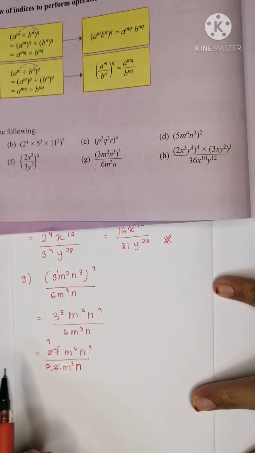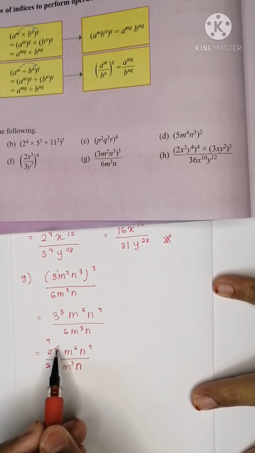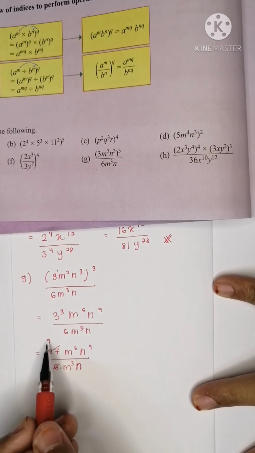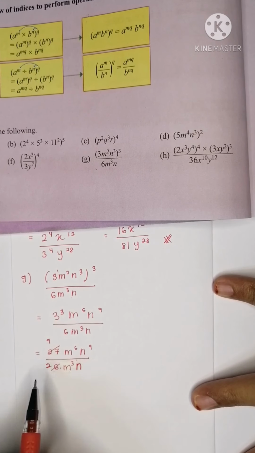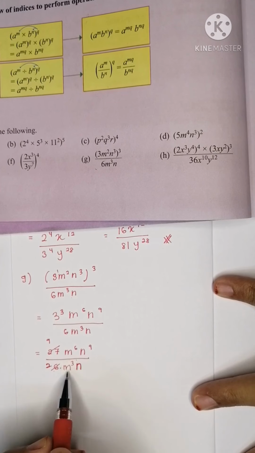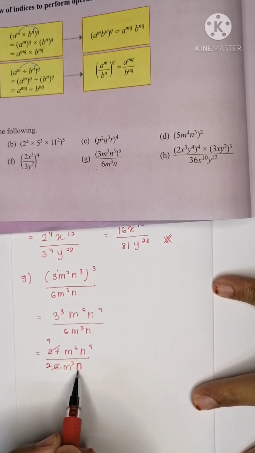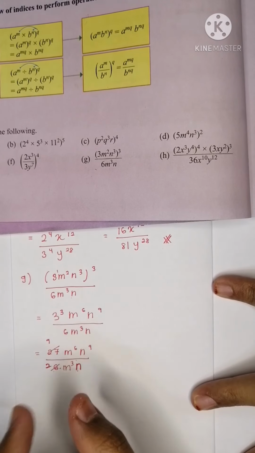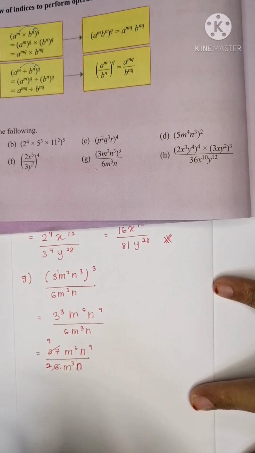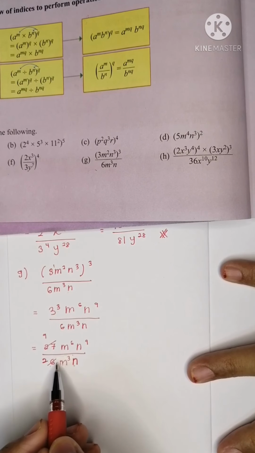Okay, class, I will proceed with question G. For the constant we already simplified. Now how to solve the unknown m and n, because in the denominator there is the unknown m and also the unknown n. How do you want to solve? m to the power of 3 is in the denominator, right?